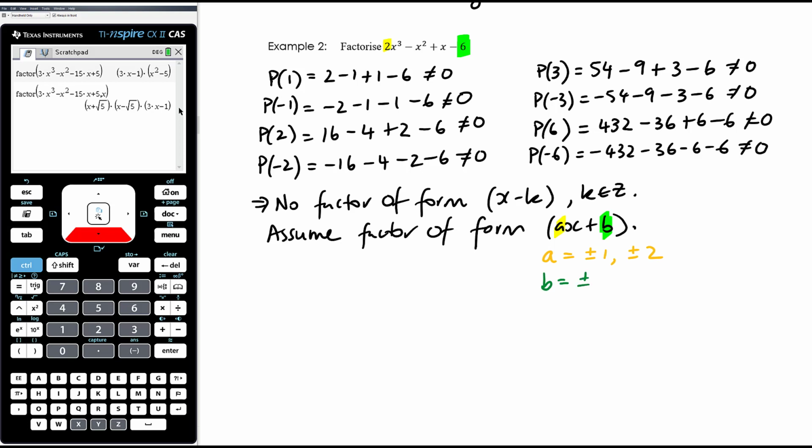B is a bit less limited, but I think it's still going to work out okay. Could be 1, 2, 3 or 6. Okay, so then let's think about what that means for the options for b over a, which is what we're going to need to substitute in until we find something that gives us 0.